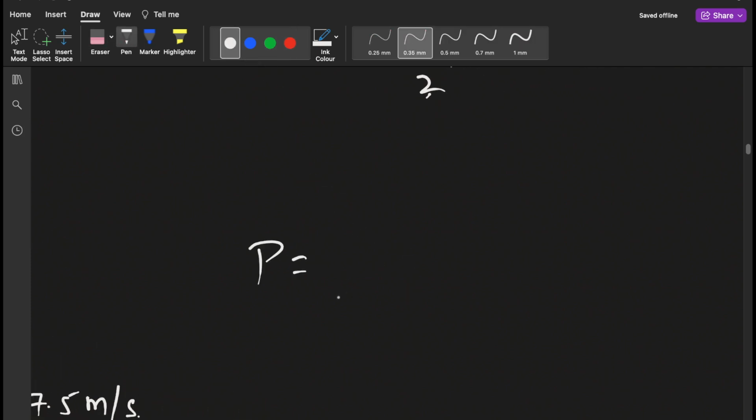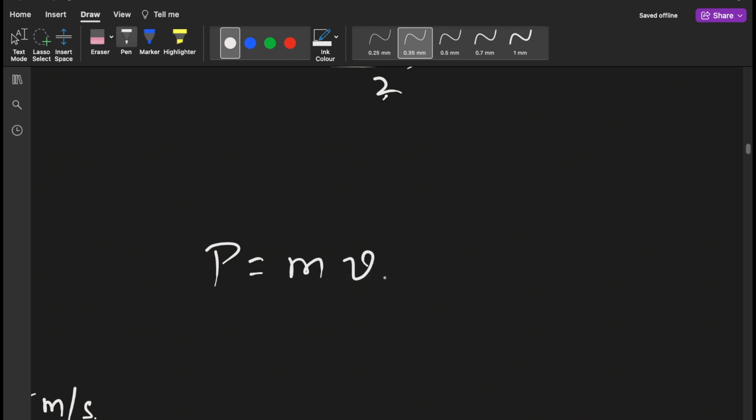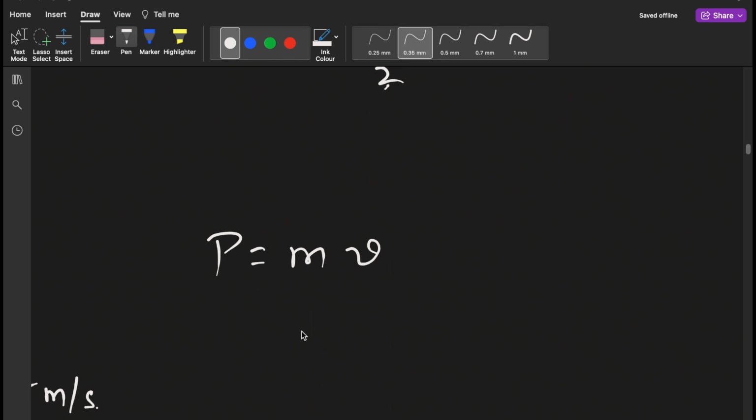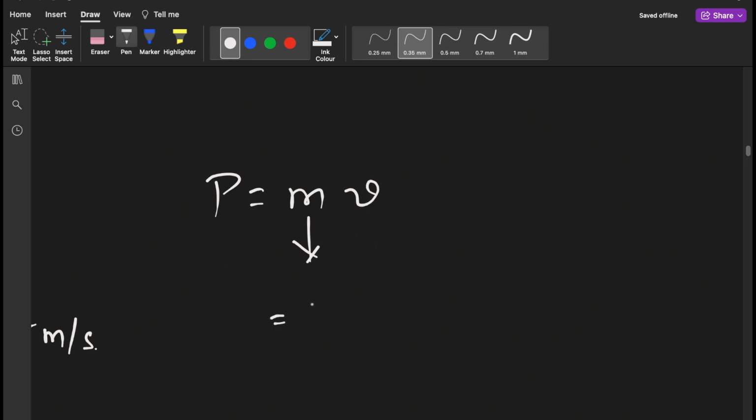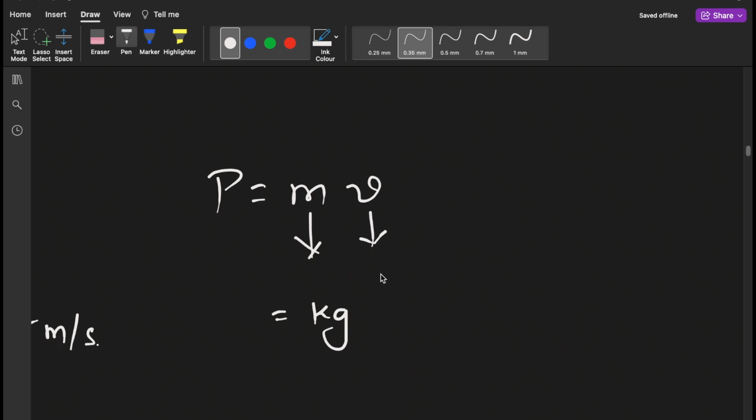I do not know whether you want to continue or not, but let me at least teach you the unit. There is no need to memorize anything. What is the unit for mass? Kg. Correct. What is the unit for velocity? Meters per second.